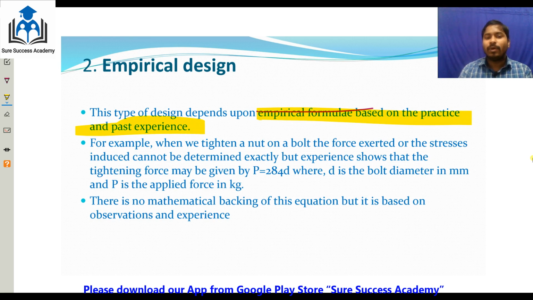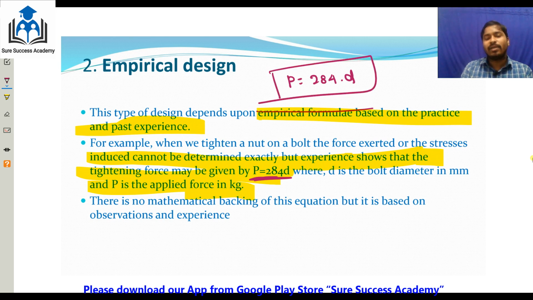For example, when you tighten a nut on a bolt, the force exerted and stress induced cannot be determined exactly, but experience shows that the tightening force may be P equal to 284D, where D is the bolt diameter in mm and P is the applied force. So in that connection, you can calculate how much force is exerted by tightening the nut. You cannot calculate it exactly, but you can calculate it by this formula.